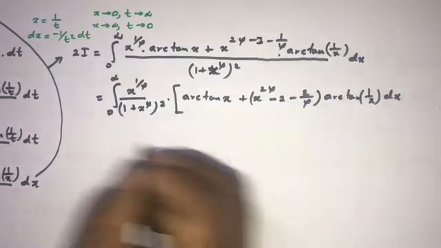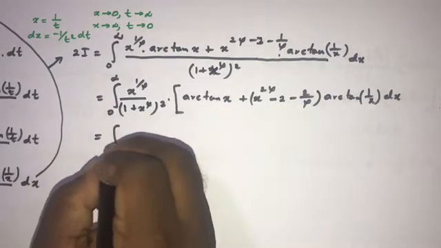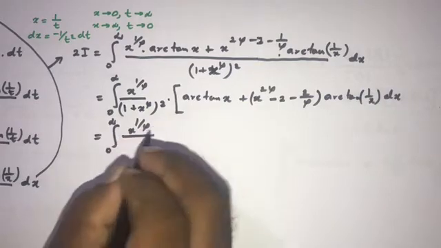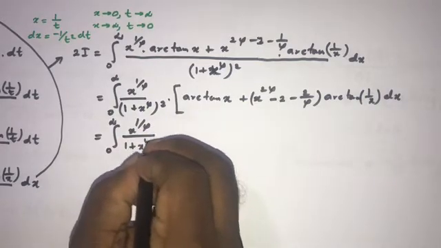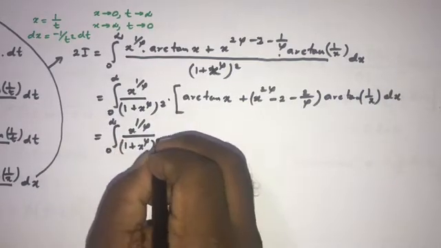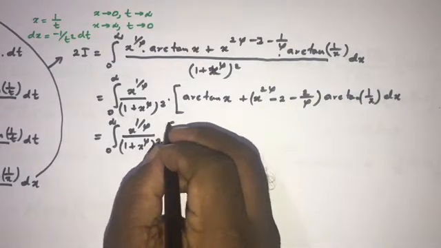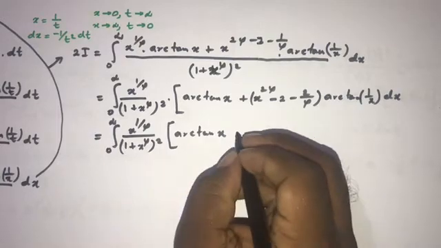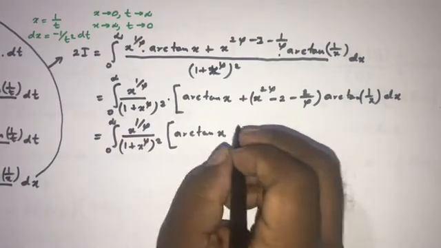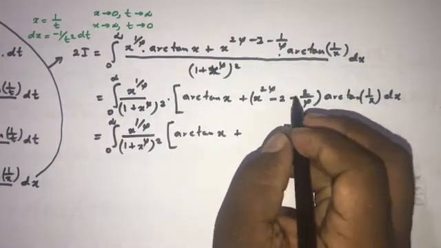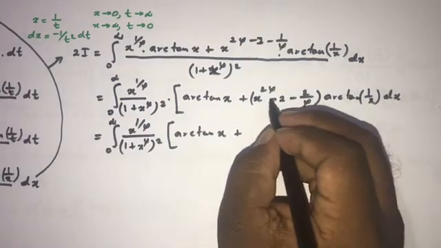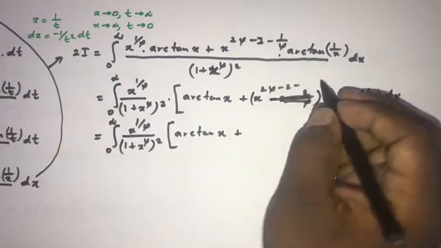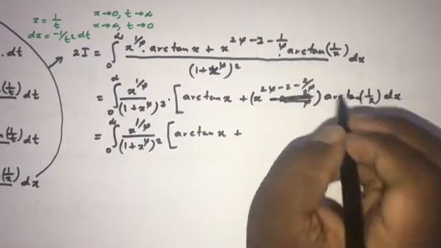Okay, then also 0 to infinity, x raised to the 1 over φ, (1 plus x raised to the φ) squared, and here arctan of x plus, now this is a power, so 2φ minus 2 minus 2 over φ.